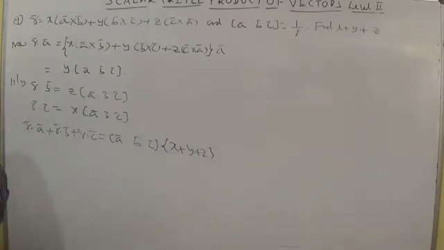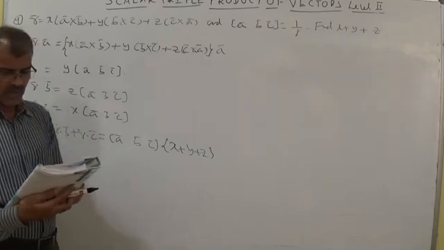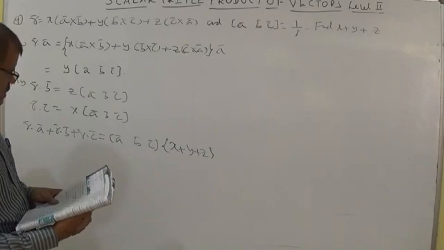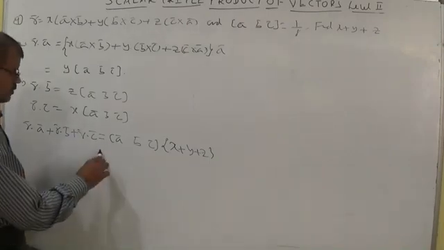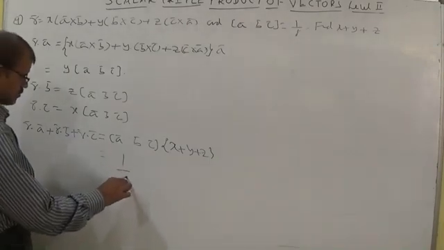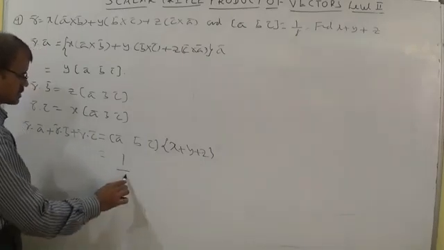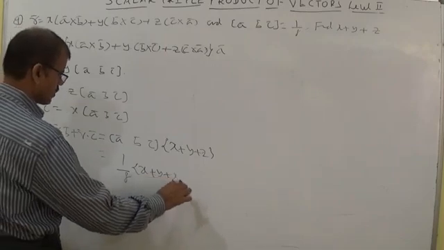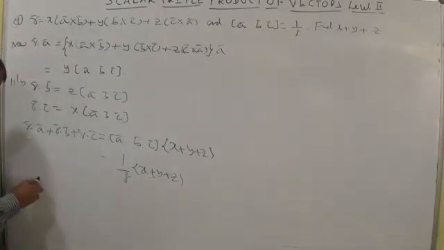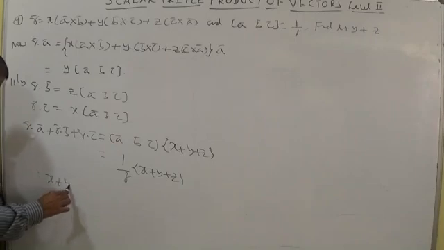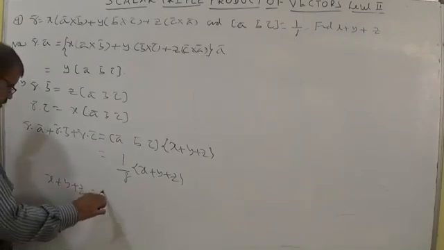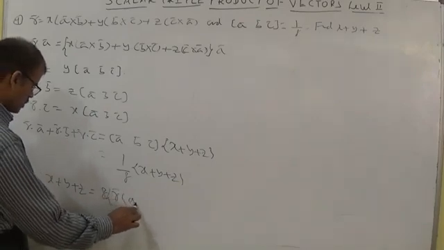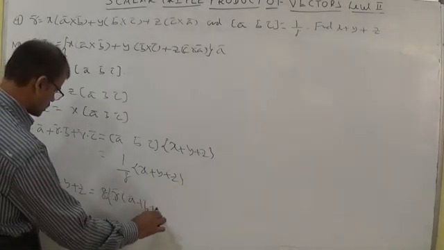So let us discuss about options. Regarding options, X plus Y plus Z is asking. So we'll write here 1 by 8, box ABC value 1 by 8, into X plus Y plus Z. Therefore you take cross multiplication, we may get the value X plus Y plus Z is equal to 8 into R bar into A bar plus B bar plus C bar.